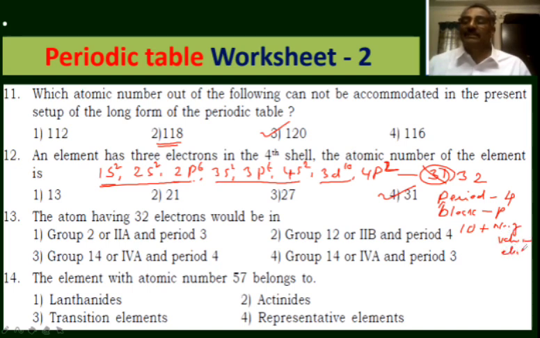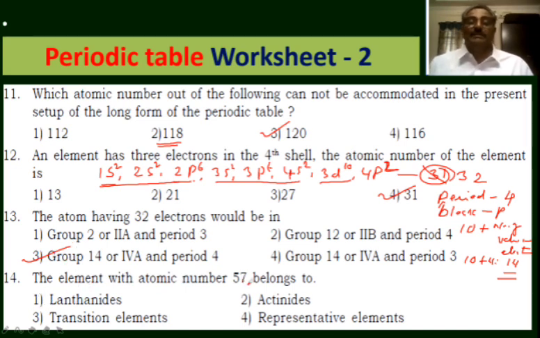How many valence electrons are there? 2 plus 2, 4 valence electrons. So 10 plus 4 is equal to 14. That means it belongs to the 14th group, that is 4A group, and 4th period. Third option is the right option.